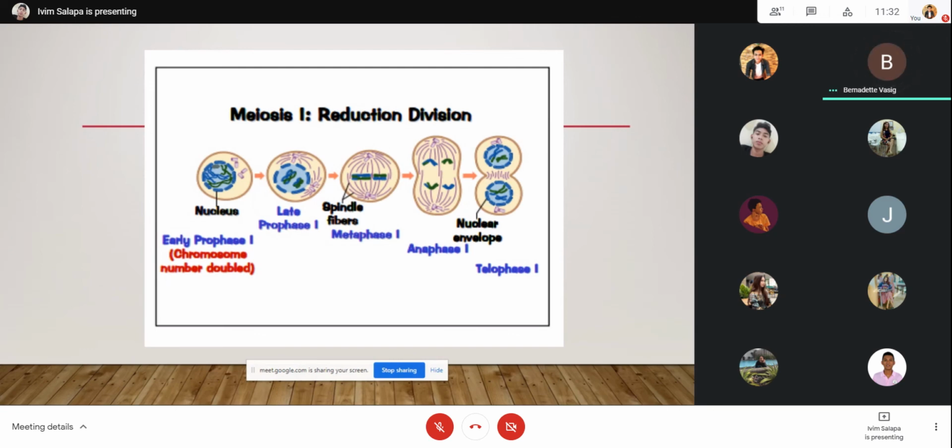Before we continue, how are homologous chromosomes defined? The chromosomes are from either the female or the male, ma'am.